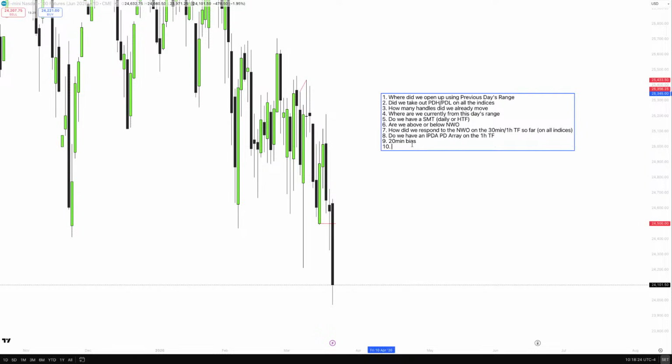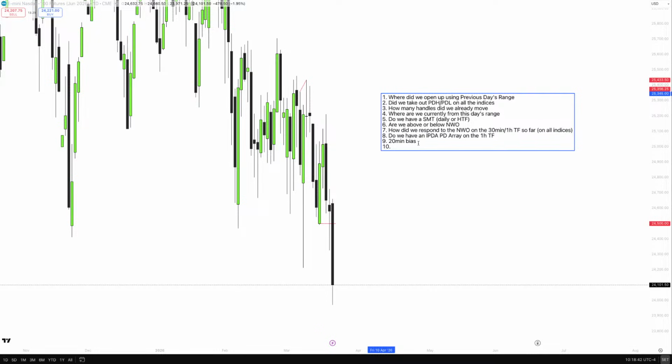I will have to wait for the market to give me more data and give me the reaction on key levels to determine if we are bullish or bearish.